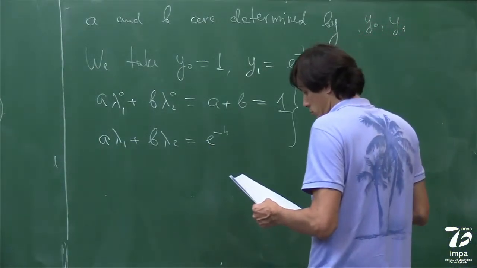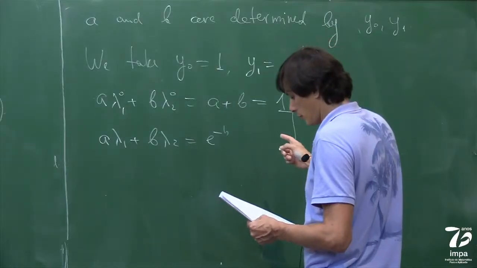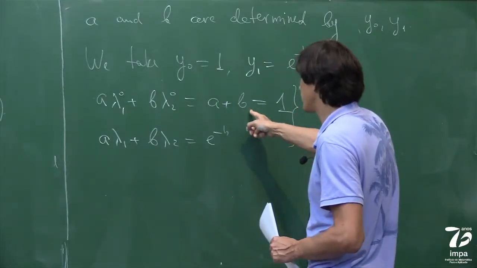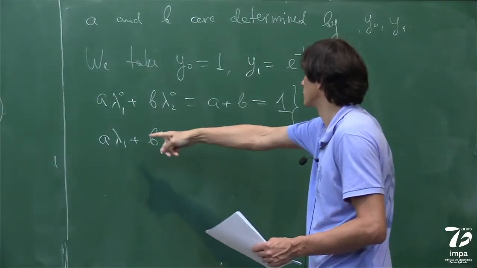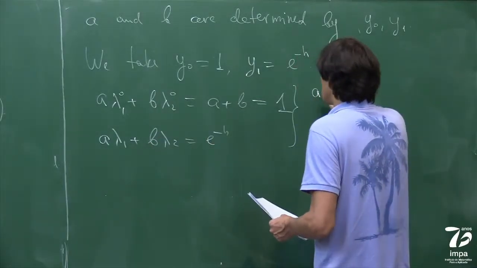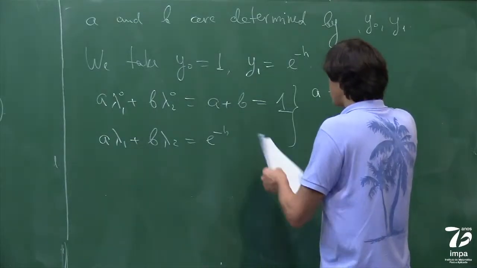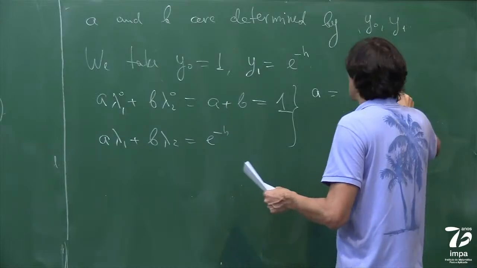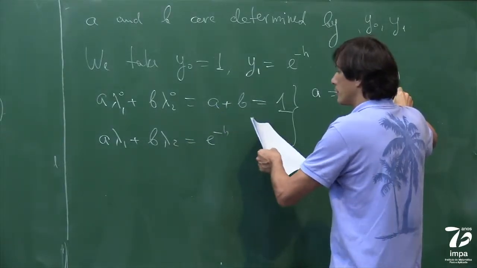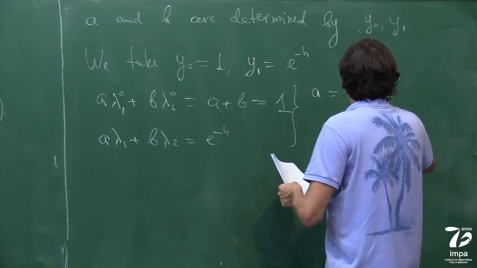So this gives you a and b. So how you compute a: you multiply this by lambda 1, lambda 2, and subtract. This cancels b, and then it gives you a. So a will be lambda 2 minus e to the minus h, and then it will be divided by lambda 2 plus lambda 1.